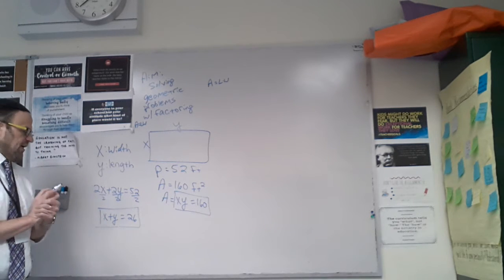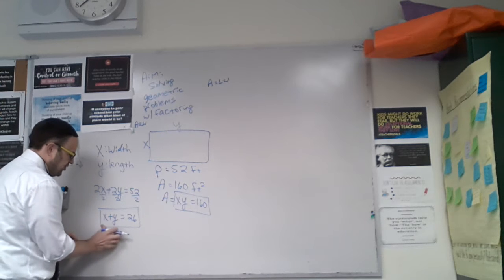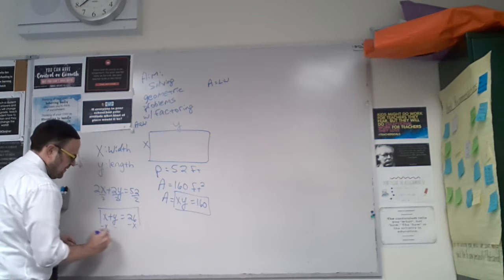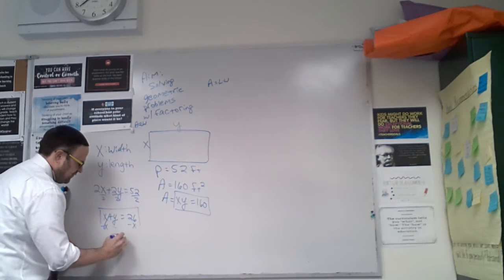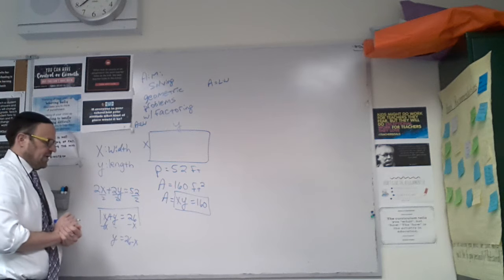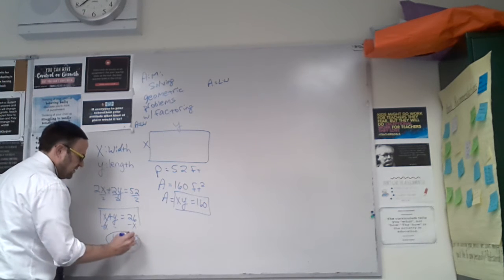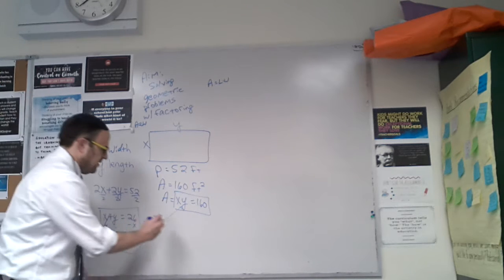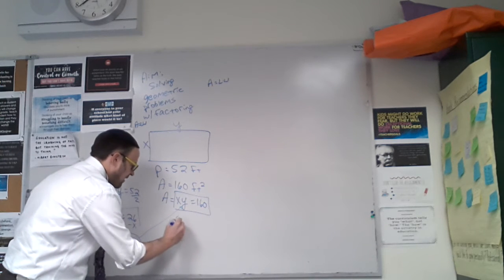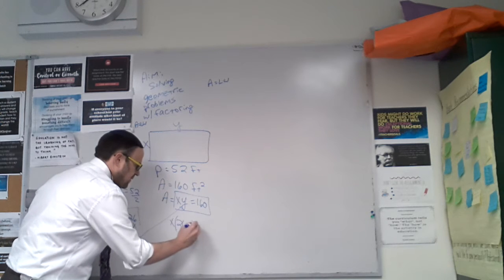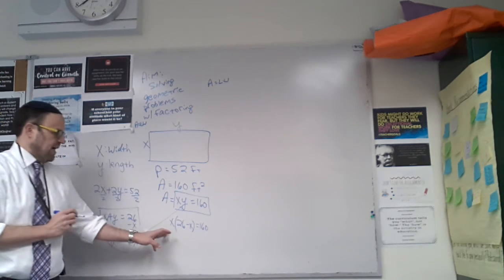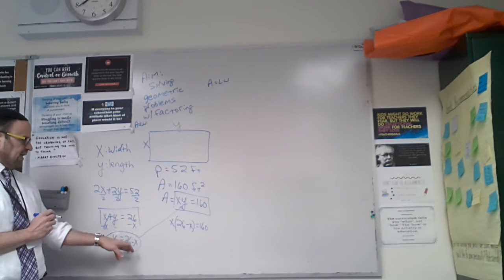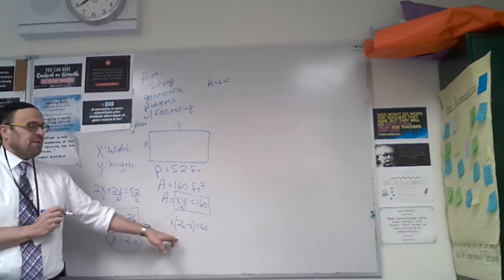We've done this a couple of times, and that involves substitution. If we get y by itself, we get 26 minus x, and I substitute it in for here, instead of x times y, I have x times 26 minus x. Right? If y equals 26 minus x, I can just swap them out.